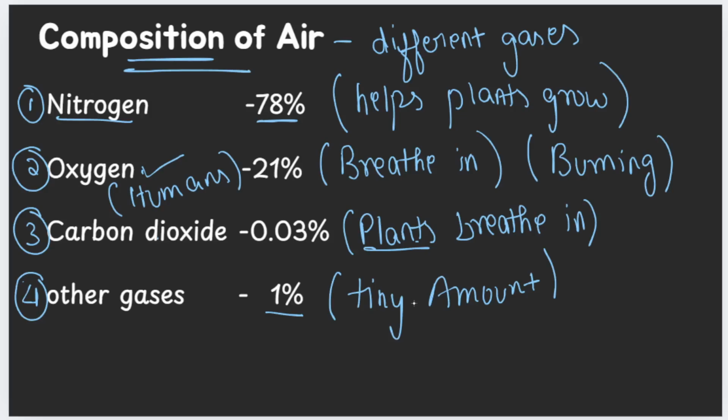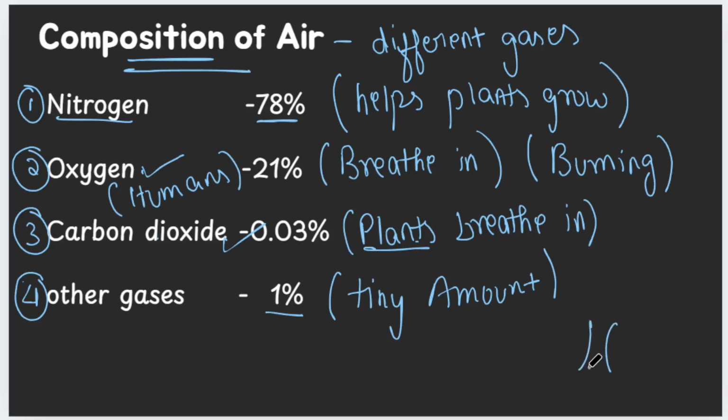Why are we saying nitrogen is the most used? Because it helps plants grow. If plants grow, what do they breathe in? Carbon dioxide, right? And what do they breathe out? Oxygen, right?